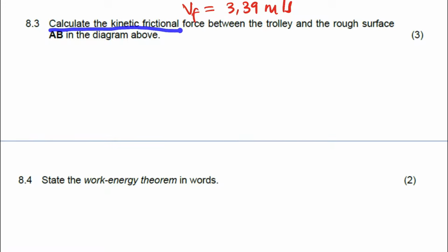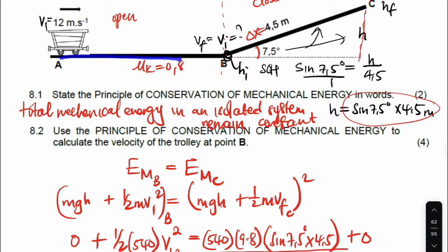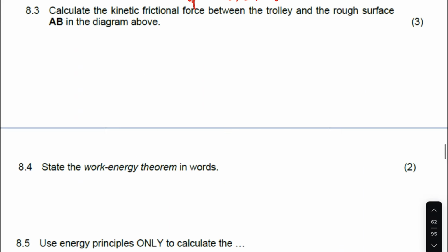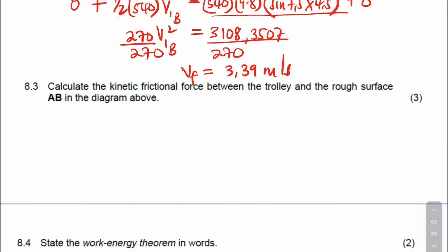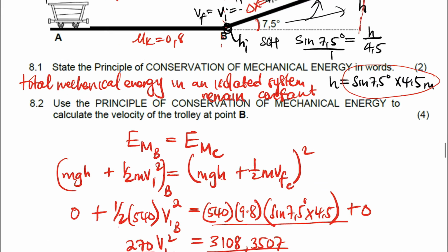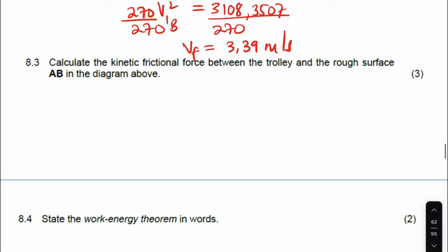The next question says calculate the kinetic frictional force between the trolley and the rough surface of AB. So we want the friction here. Remember, we were told that this is rough, it has a friction. So in order to do that, since we're given the mu k of that track, which is 0.8, we can easily calculate the friction by using the formula.